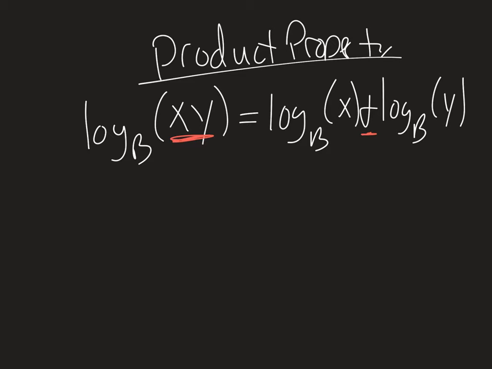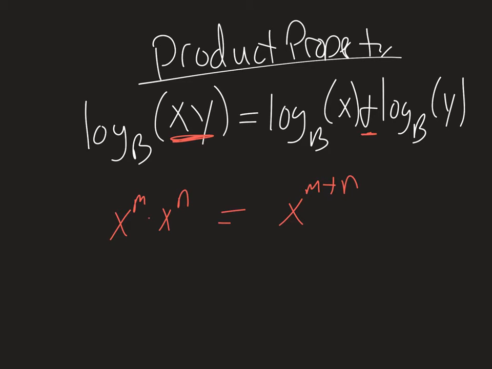And this seems a little weird at first, but it stems from a very, very familiar exponential property that we all know. If I have x to the m times x to the n, this is equal to x to the m plus n. If we think about logarithms and exponentials, they are inverses of each other.